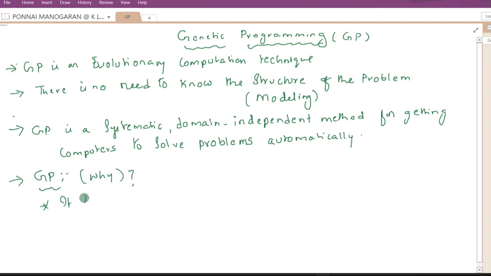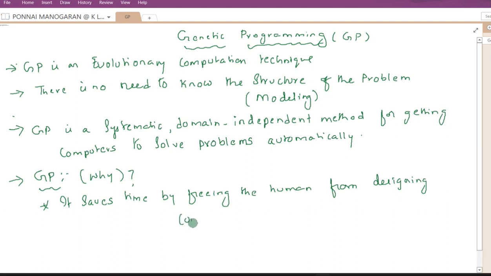In such a case, it saves time by freeing the human from designing complex algorithms. So you do not design the modeling programs in advance.